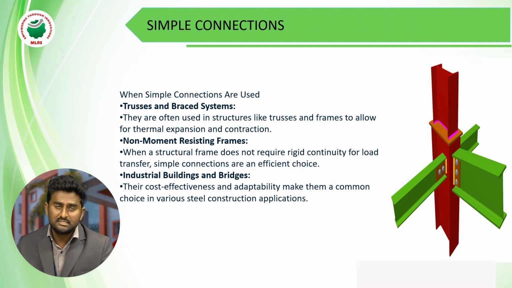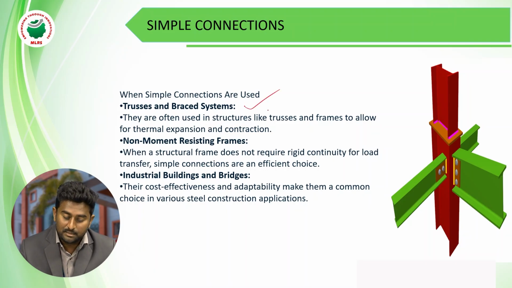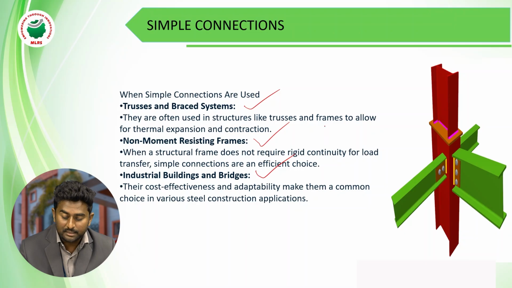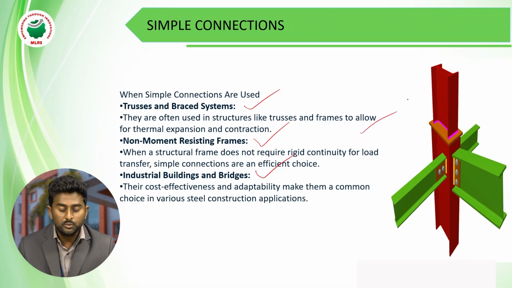Next, simple connections are used in three types of structures. First one, trusses and braced beams. Second one, non-moment resisting frames. Third one, industrial buildings and bridges. Now coming to the trusses and braced systems: they are often used in structures like truss frames, allowing thermal expansion and contraction.